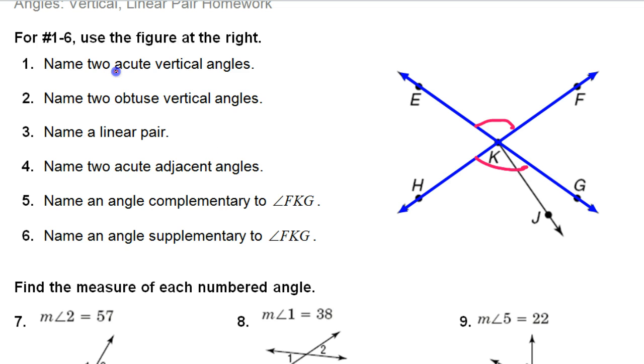But we want the ones that are acute right now, and acute means less than 90 degrees. So it looks like these are the angles that are less than 90 degrees. So that's going to be angle EKH and angle FKG.